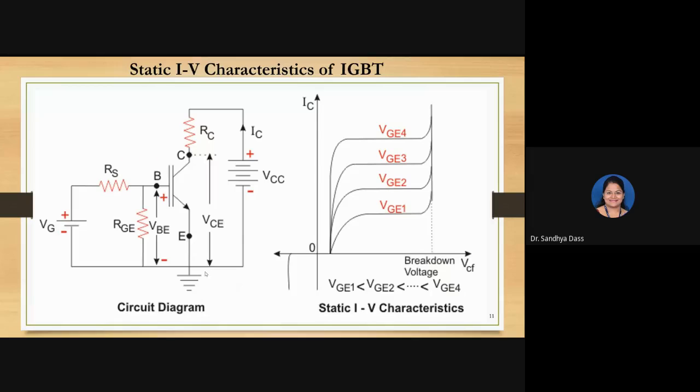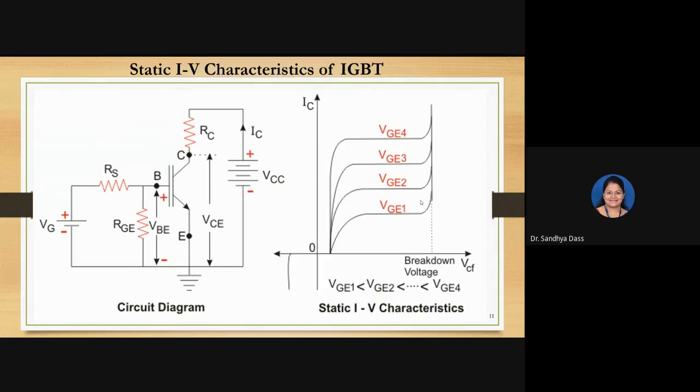I hope you are able to identify them. As I just mentioned, the output characteristics resemble the output characteristics of BJT. I hope you remember the output characteristics of BJT at this point. If you observe, the graph is similar to that of BJT.